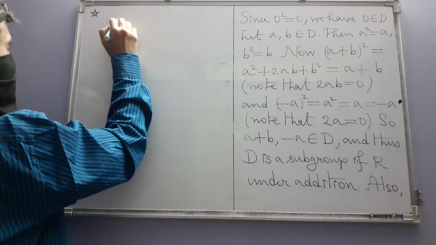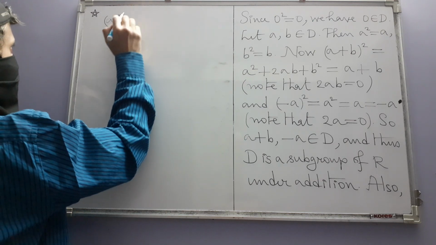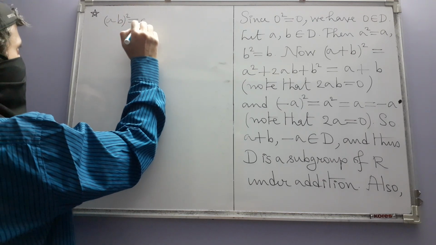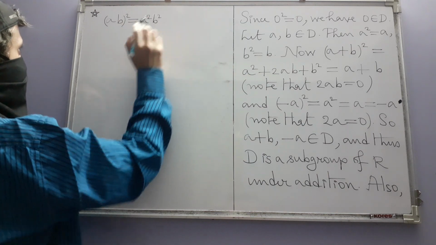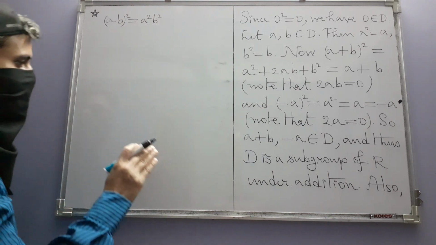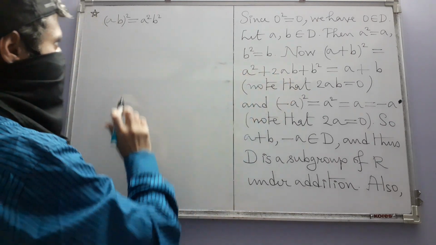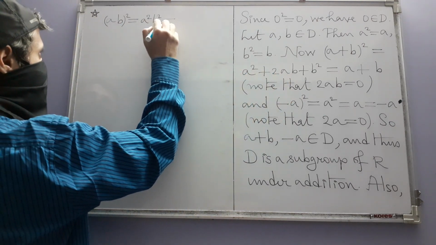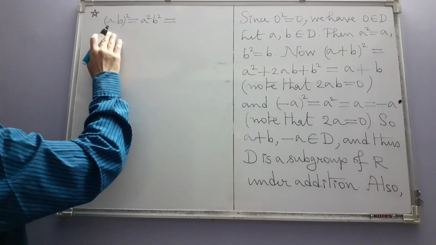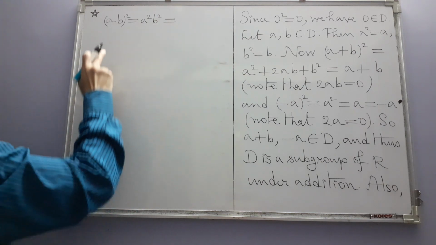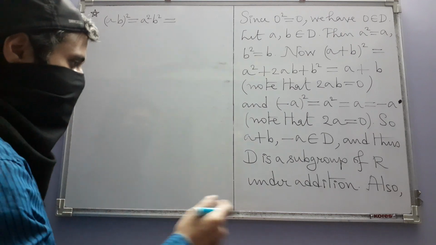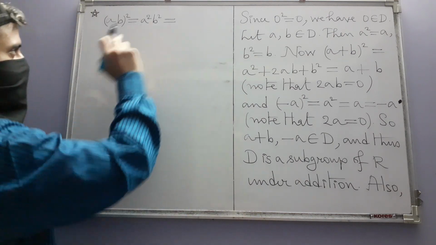Also, the square of AB is A square B square, and here we are using the fact that the ring is commutative. Here also we have used it. Otherwise, in a general ring which may be non-commutative, the square of AB will be ABAB, but not necessarily this.